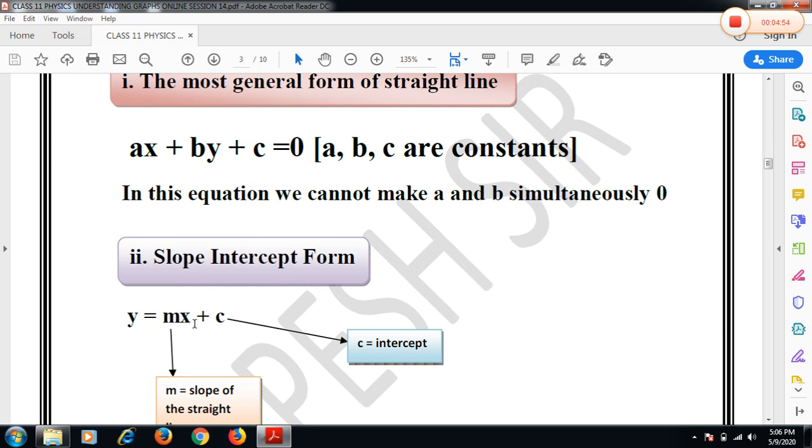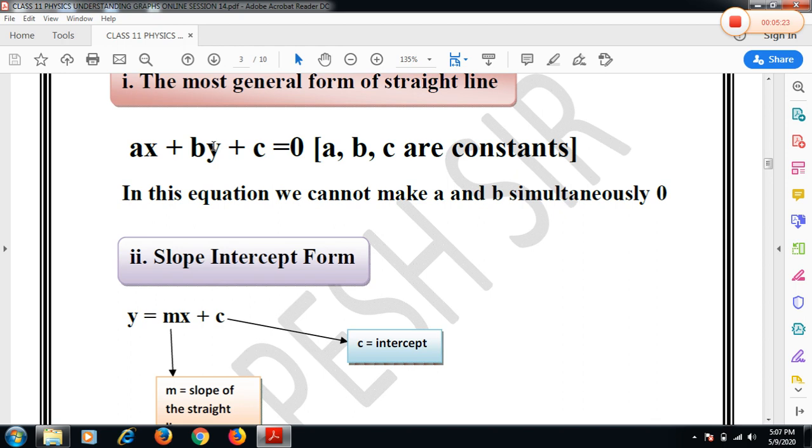Why? Because let us suppose we put a equals 0. What will happen? Then by plus c equals 0, so we will have y equals minus c by b. It represents a straight line parallel to the x-axis at a distance minus c by b. Again, if we put b equals 0, then we will have x equals minus c by a.